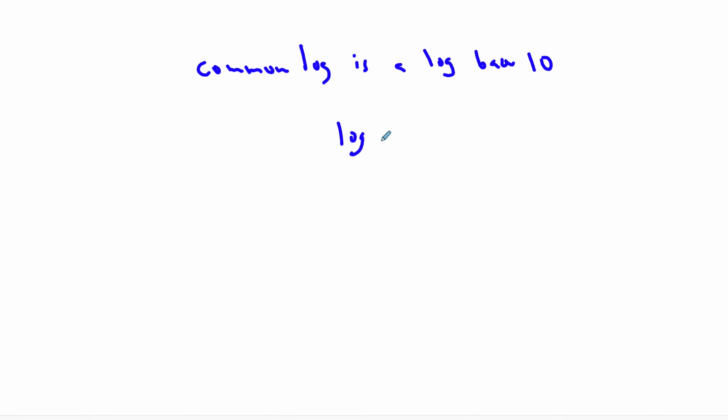So if I were to say y equals log of 5, I would assume, because you didn't write the base, that that's a log base 10 of 5, which would mean 10 to the y. Remember, log is an exponent, equals an exponent. 10 to the y equals 5, right? That would be the corresponding exponential form.